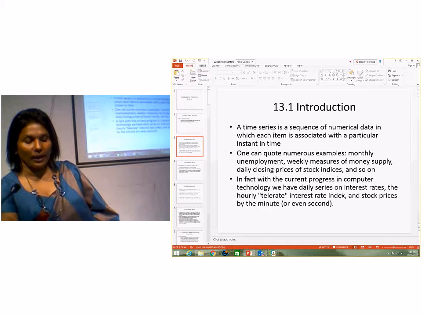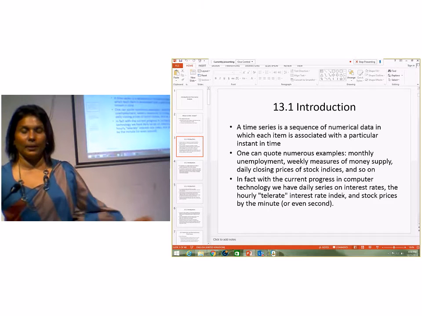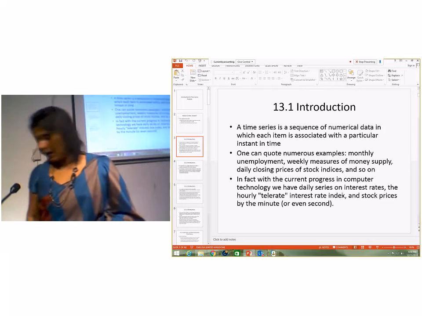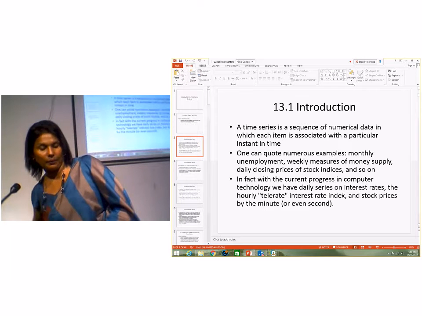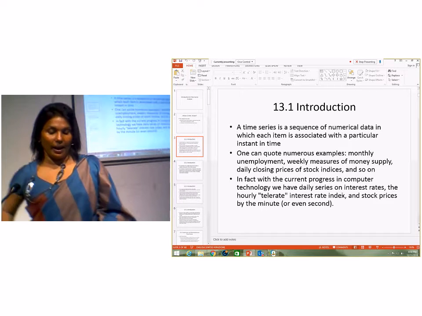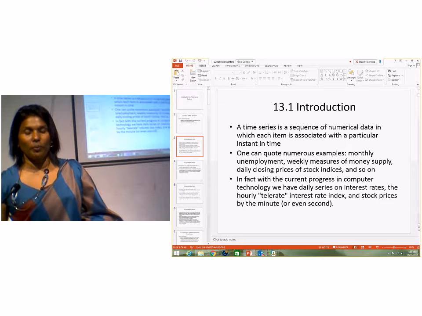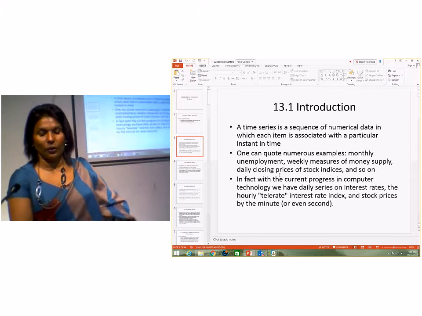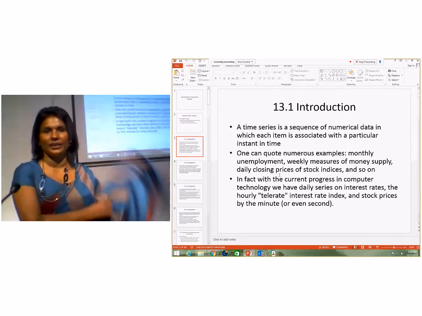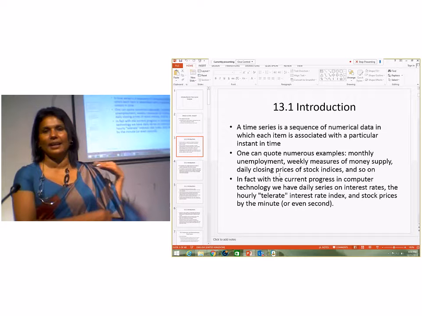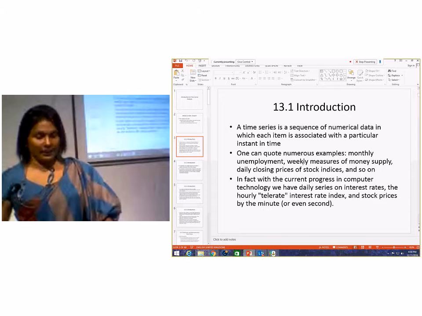One can quote numerous examples: monthly unemployment, weekly measures of money supply, daily closing prices of stock indexes, and the daily exchange rate. These data are time series.